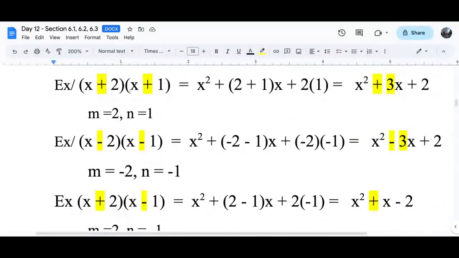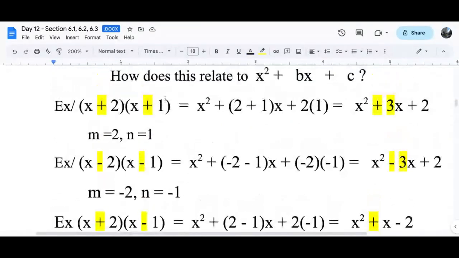Let's say we have x plus 2 times x plus 1. We FOIL. We do first one times first one. The first group has x plus 2, the second group has x plus 1. So the first one in the first group times the first one in the second group, x times x, we get x squared.